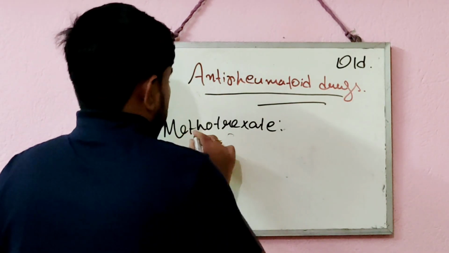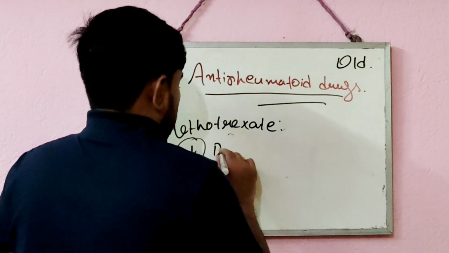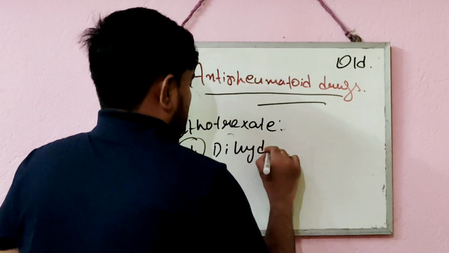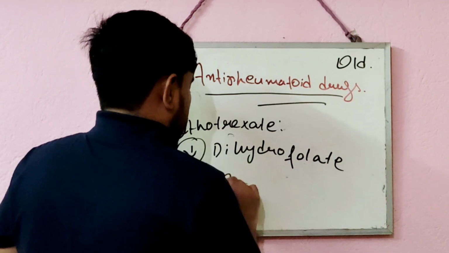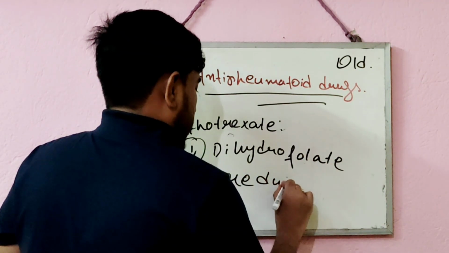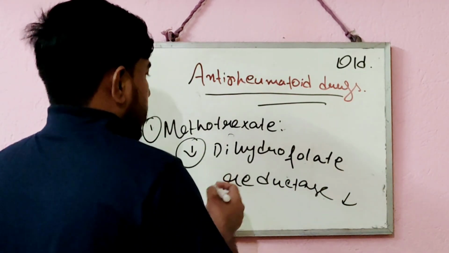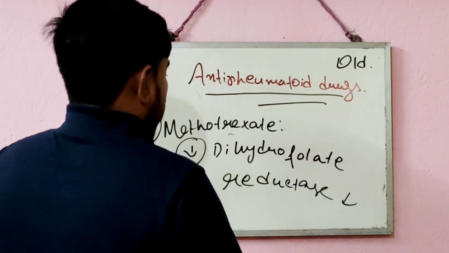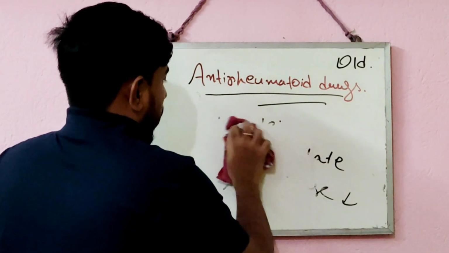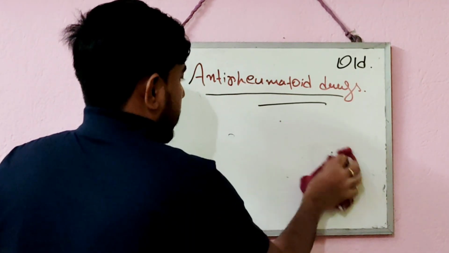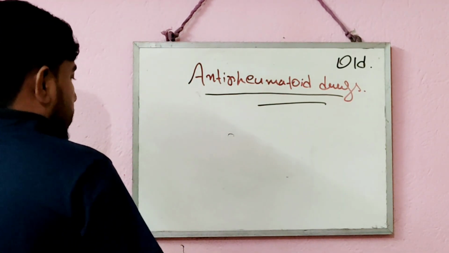First you have to remember, methotrexate shows its action by inhibiting the dihydrofolate reductase enzyme. For that, first we have to understand why and how dihydrofolate reductase works, or what its main action is.